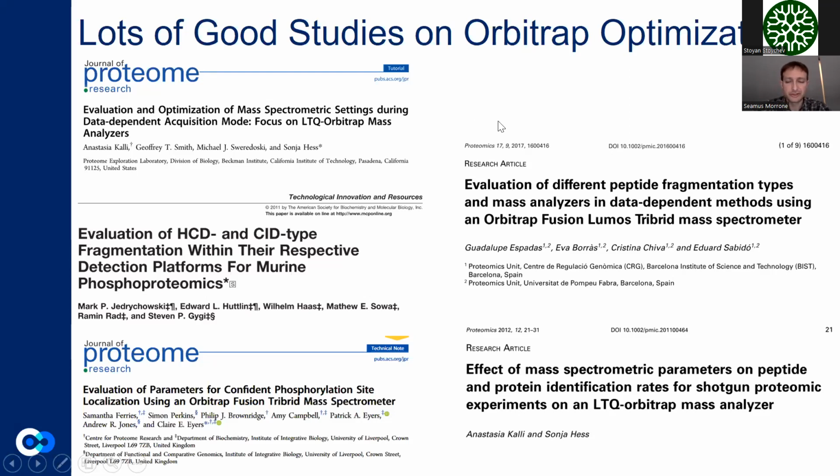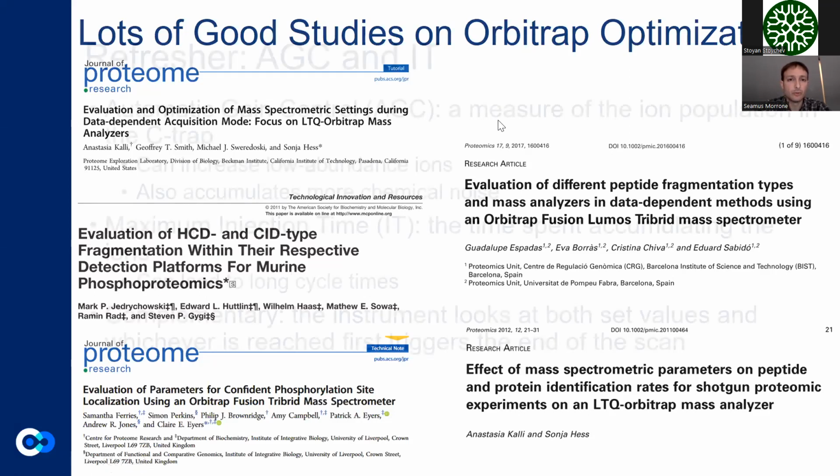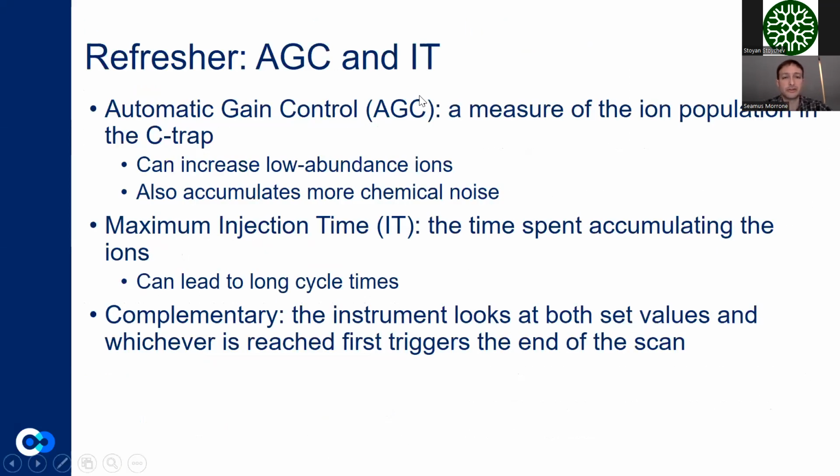But we really wanted to explore AGC, IT, and several other parameters that we looked at, which I'm not going to touch on here for time reasons, but you can always look at our paper, which we put up on ChemRxiv.